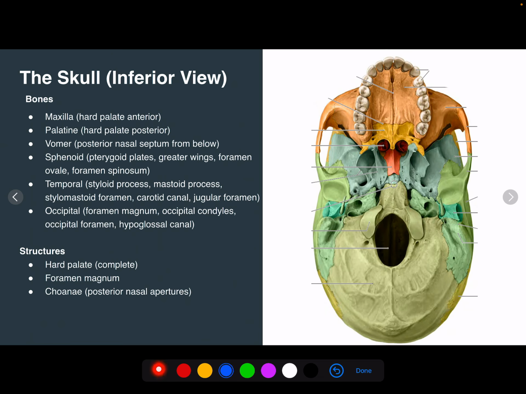Okay. So just to clarify so everyone's on the same page, what makes up the hard palate is the combination of the maxilla and the palatine bone. So this is going to be our hard palate.